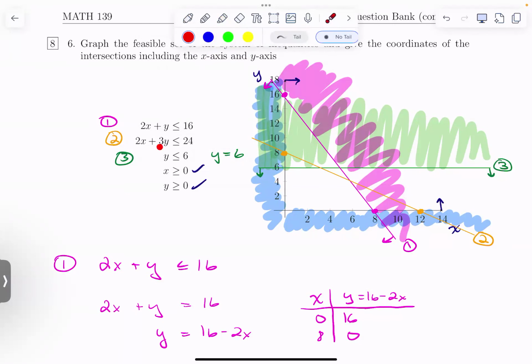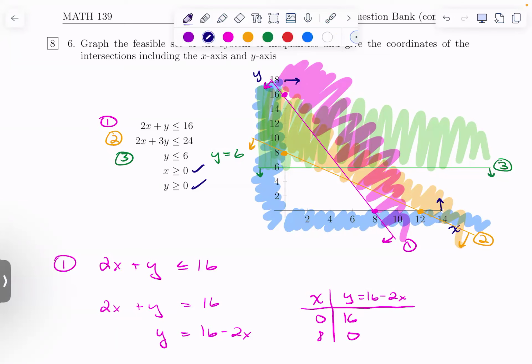So if 2x plus 3y is equal to 24 is this line, and I need to be less than this line, then I include here and here. But most of those were already out, right? The only exclusion that's new here is this section.